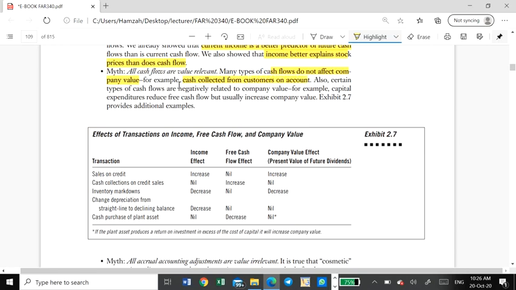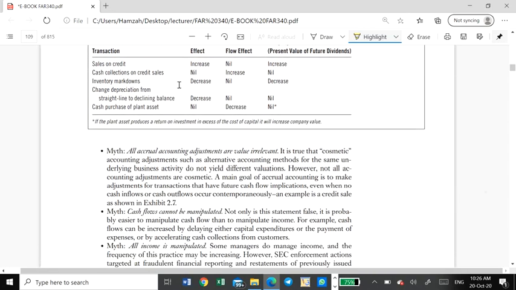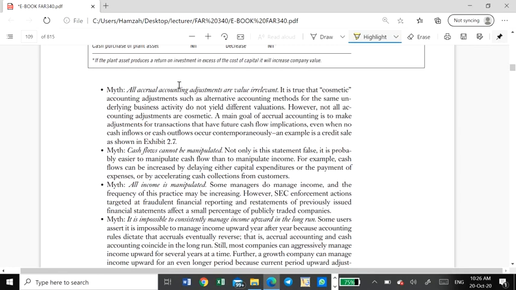Okay. Dia tak akan affect pun value of the company. That's why it is a mythos. So mitos yang ketiga ialah all accrual accounting adjustment are value irrelevant. Okay. Tak semua accrual accounting tu ialah irrelevant. Ada juga yang relevant.